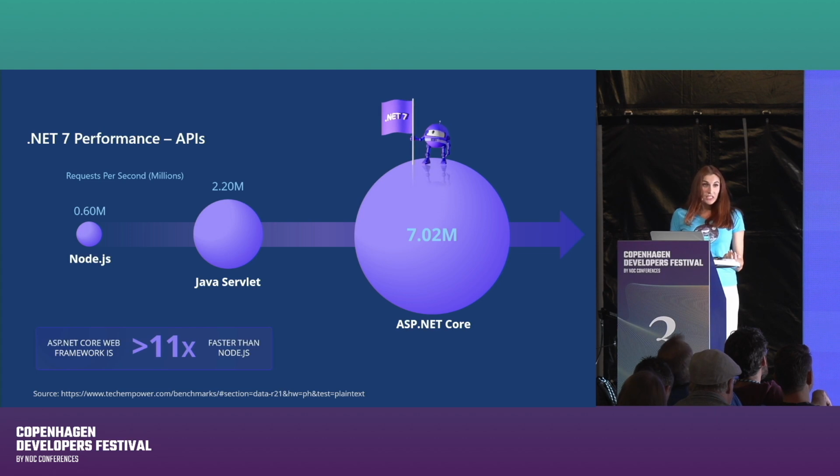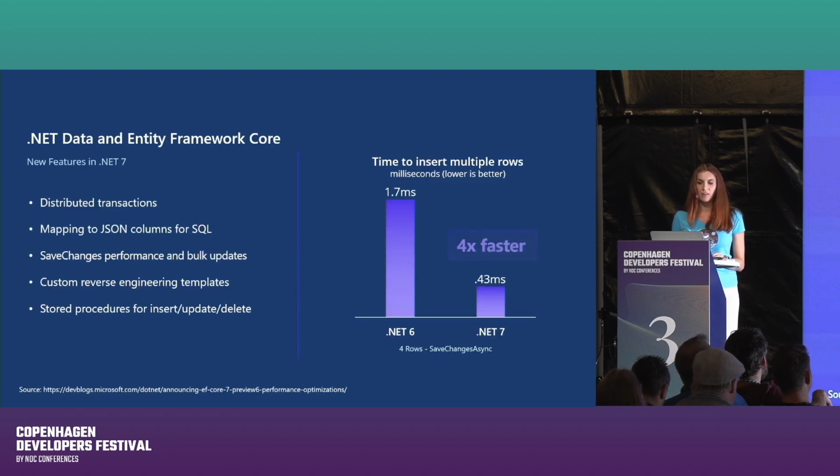Now, if you're curious how .NET compares to other offerings on the market, ASP.NET Core is 11 times faster than Node.js, also faster than Java Servlet. We made improvements in Entity Framework, and we added distributed transactions, mapping to JSON columns for SQL, and many others.